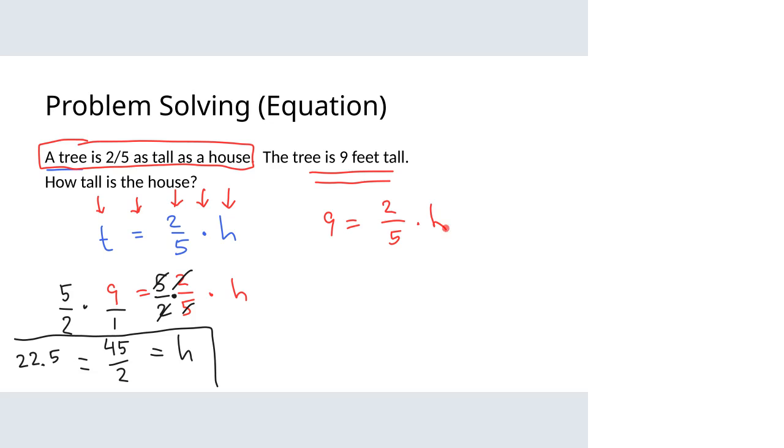To get that h by itself, we just needed to multiply by the reciprocal of 2/5 on both sides. These cancel, and when we did that, we got 45/2, which we converted to a decimal because that would make more sense for this situation. So the house is 22.5 feet tall.